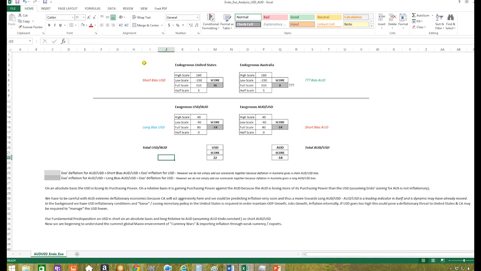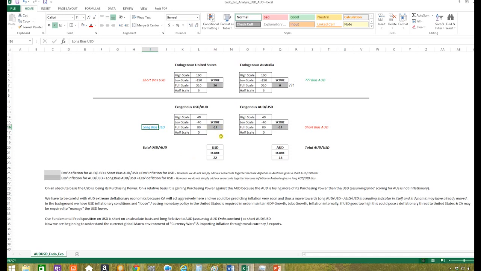And the United States is contributing positively overall because we have an endogenous positive inflationary and we have an exogenous negative that's coming from our dynamic relativity principle that gives us a long bias in the US dollar.